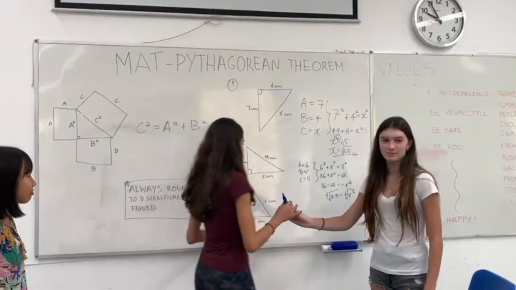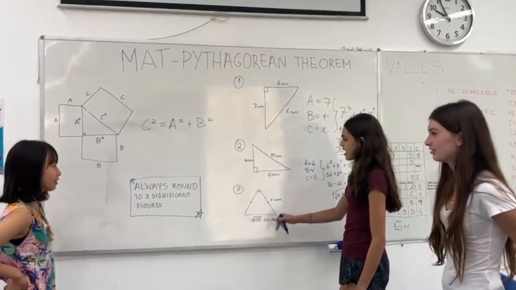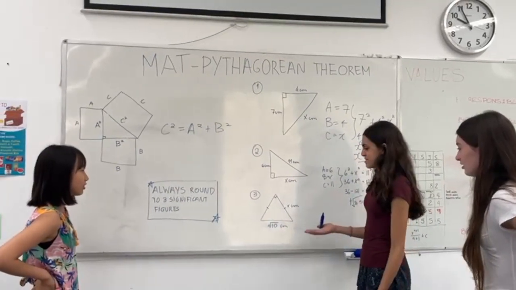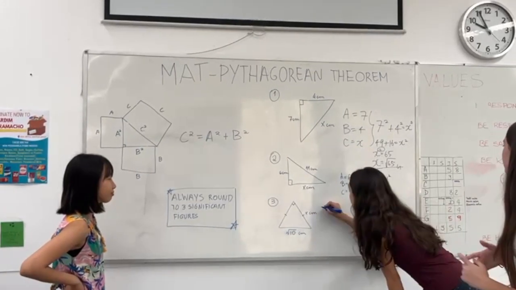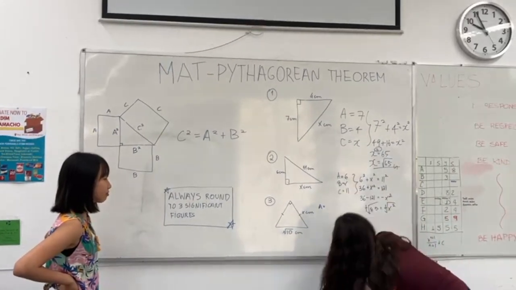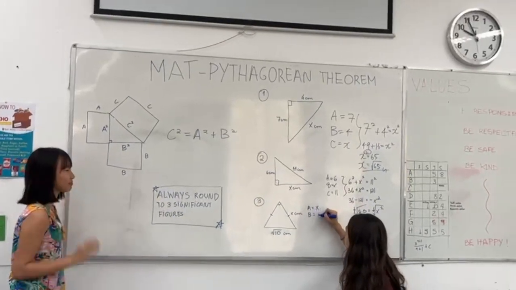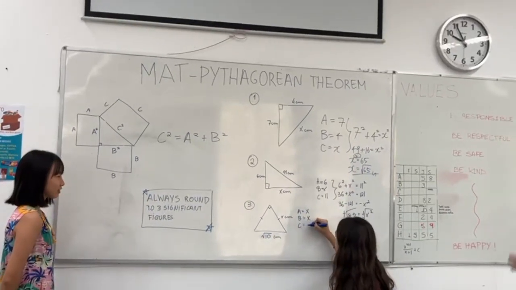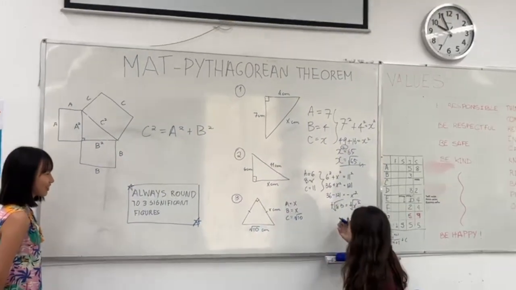Okay. So the third one, now we only know the hypotenuse, which is the square root of 10, and we know both legs, which are both x. So here, a equals x, b equals x, and c equals the square root of 10.